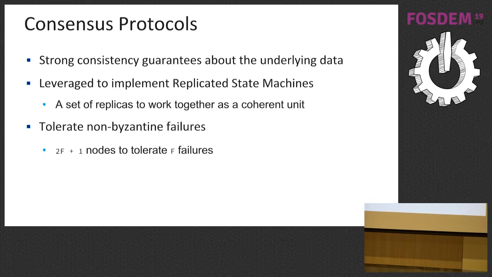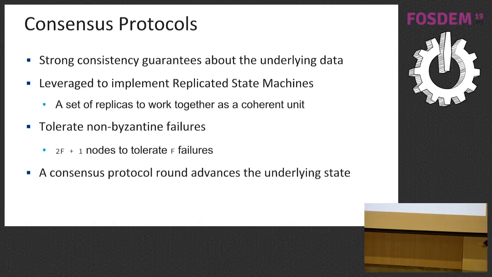We can tolerate some non-Byzantine failures, so for 2f plus 1 nodes, we tolerate f failures. And a run of the consensus algorithm is typically called a round, and it advances the underlying state.